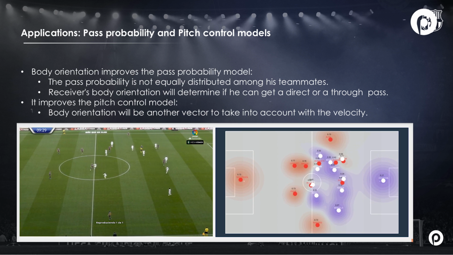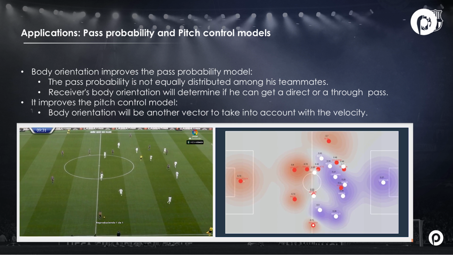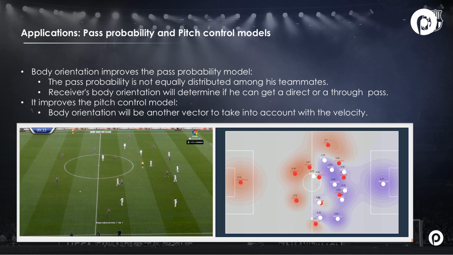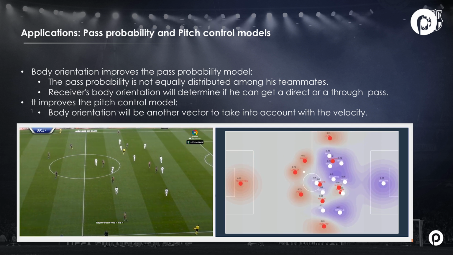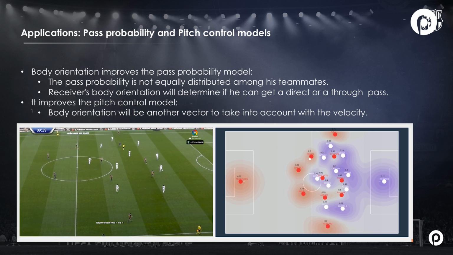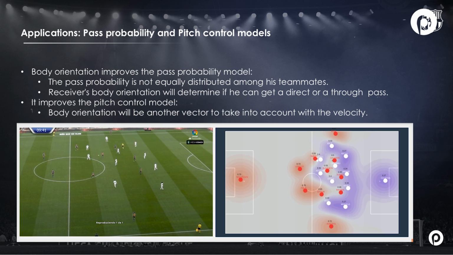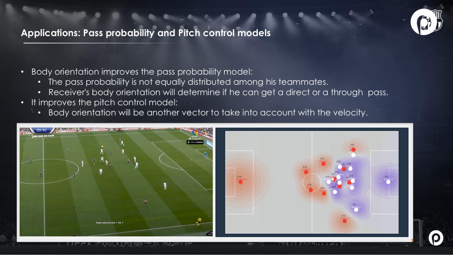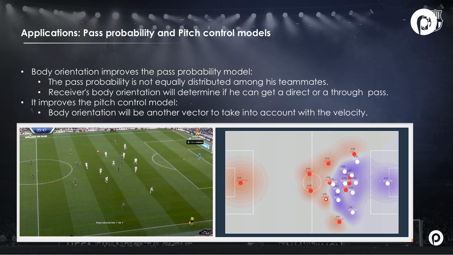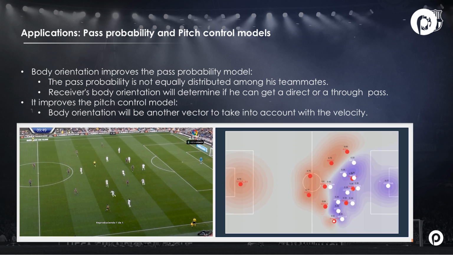On the other hand, we have the receiver's body orientation. If the receiver is not looking at the passer, then the pass must be a through ball, and if he's looking at the passer, it must be a direct pass, for example.